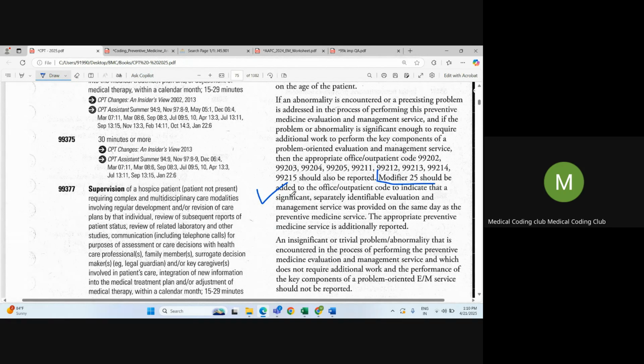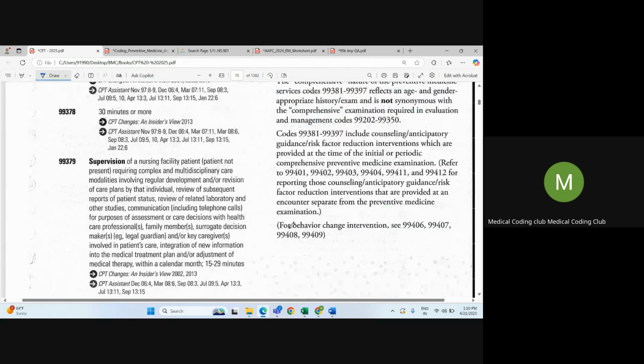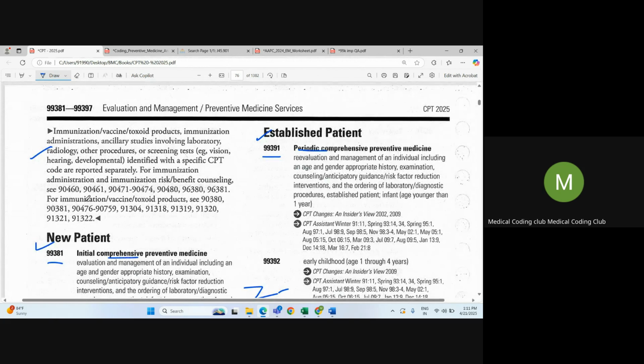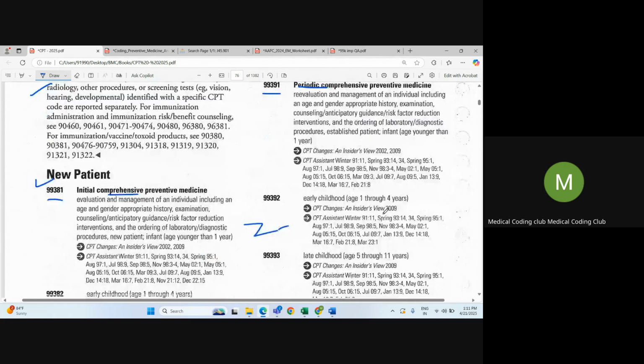Modifier 25 should be added to the office or outpatient code to indicate the significant, separately identifiable evaluation and management services provided the same day as the preventive medicine service. Like this, we have to be aware of the coding guidelines. And one more guideline: if the patient is taking general wellness with vaccination, we will assign the immunization codes, and then we may also use the 25 modifier. These are all very important things, so you need to be aware.